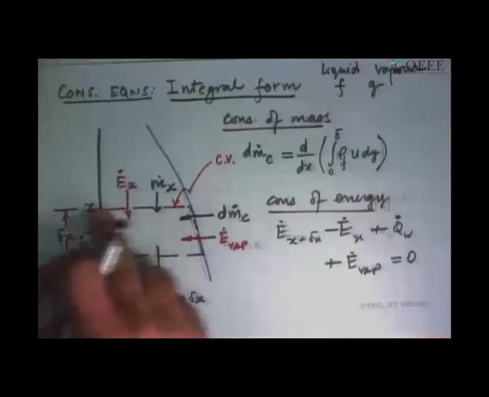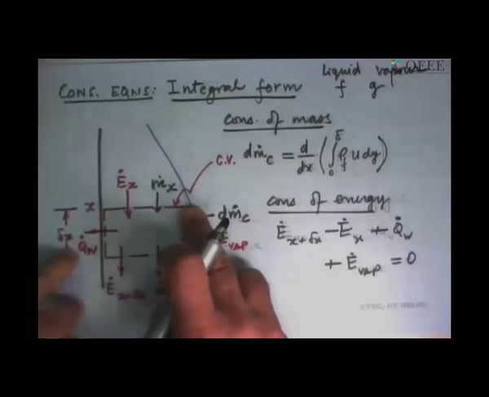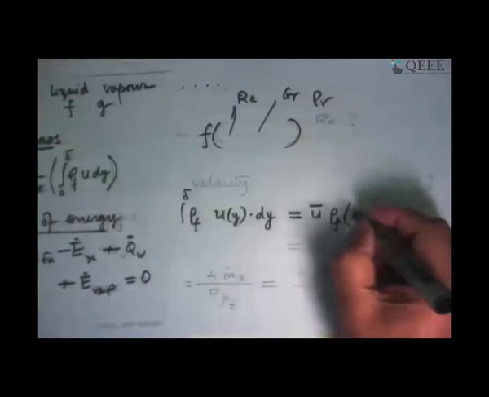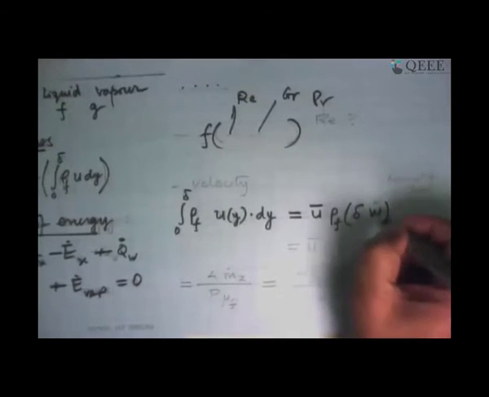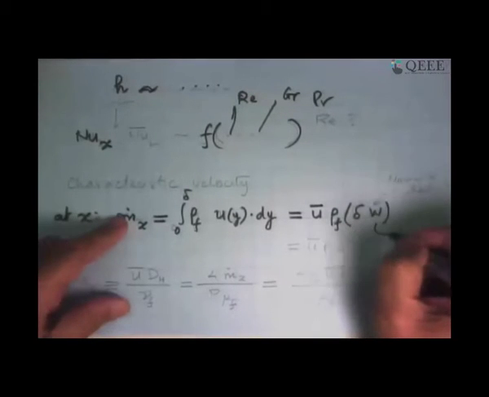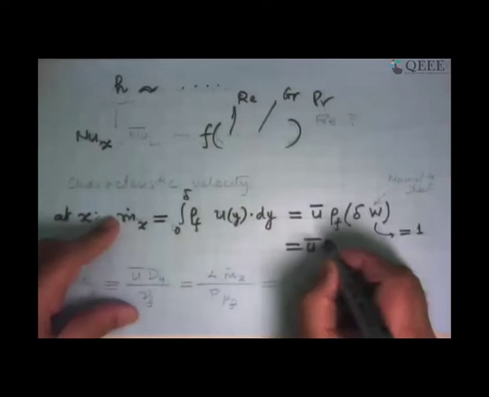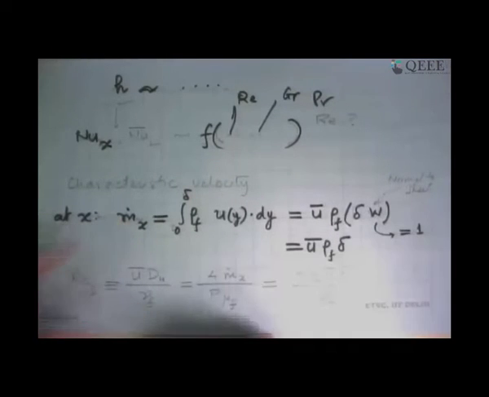The area is this distance, which is delta at x, multiplied by a length normal to this sheet. This will be delta multiplied by w, which is normal to the paper, but we'll assume that this is equal to 1 unit depth. So this will then become u bar rho f into delta.